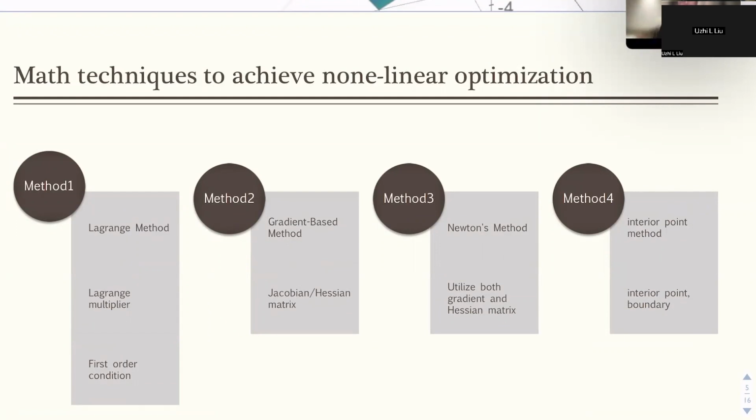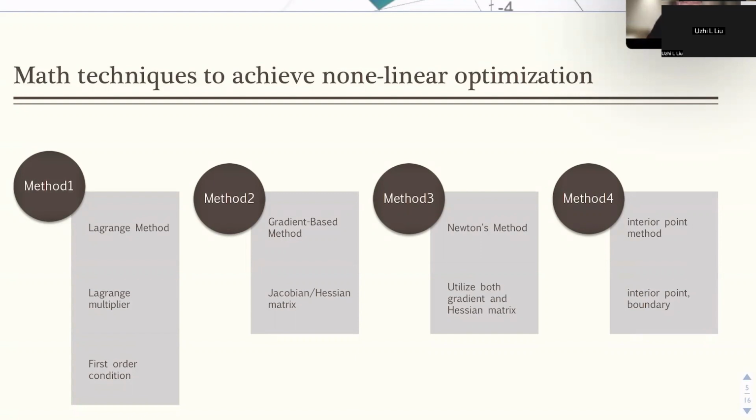This method has something to do with the first order conditions. We set our equation equal to 0, then we find x star, which is the optimized point. And the second method is called a gradient-based method, which is the one that we talked about during the lecture.